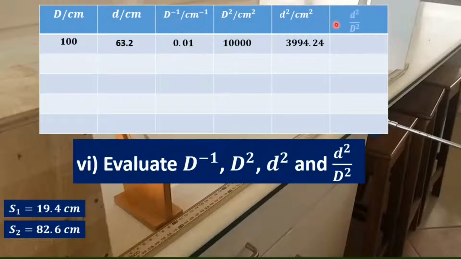For small d square over capital D square, we have 3,994.24 divided by 10,000, which is 0.3994. Small d square over capital D square has no unit, since centimeter square will cancel out.